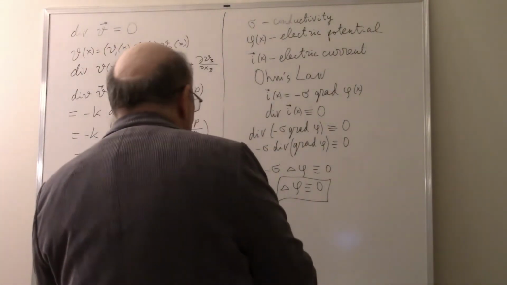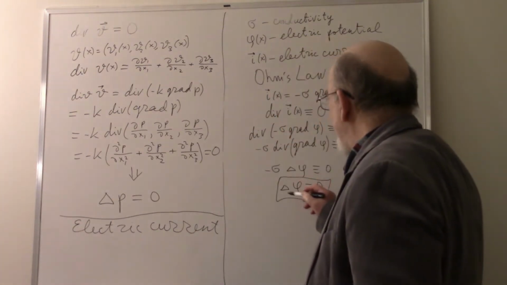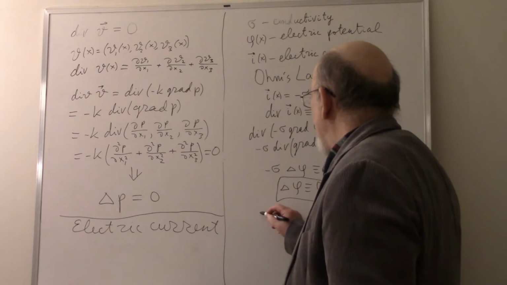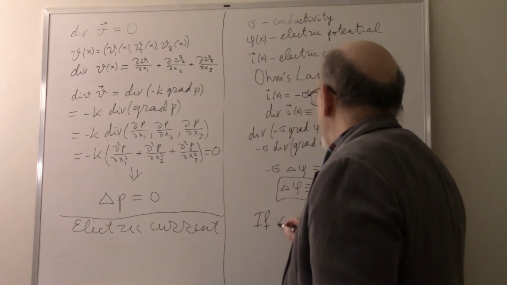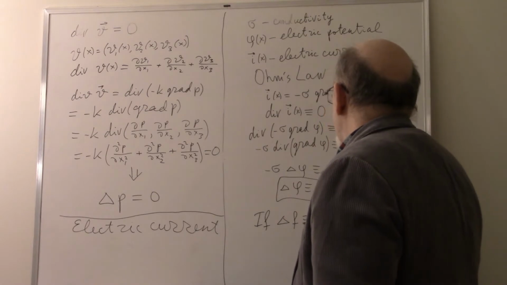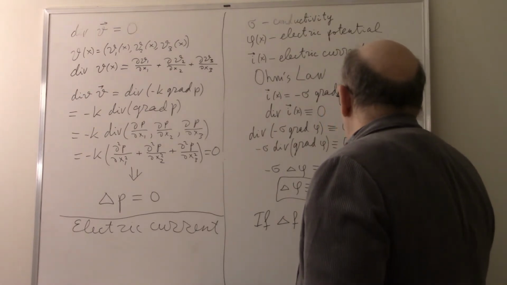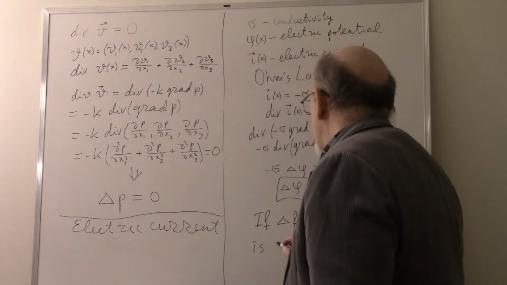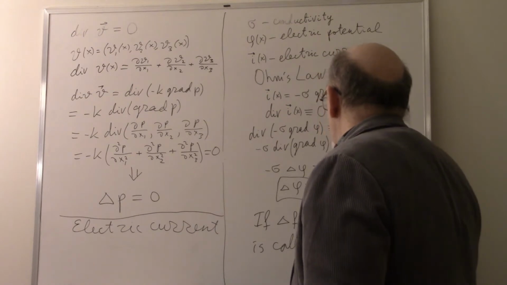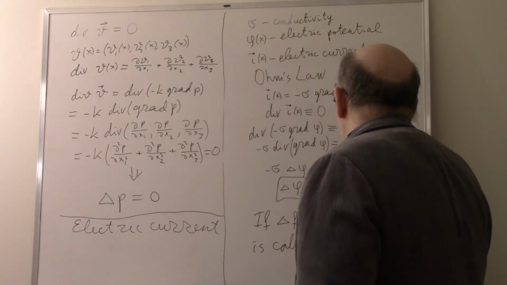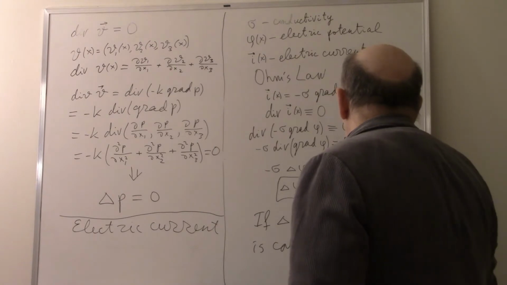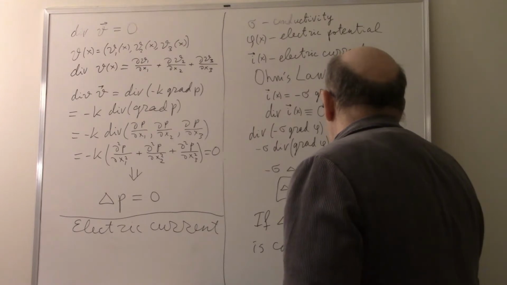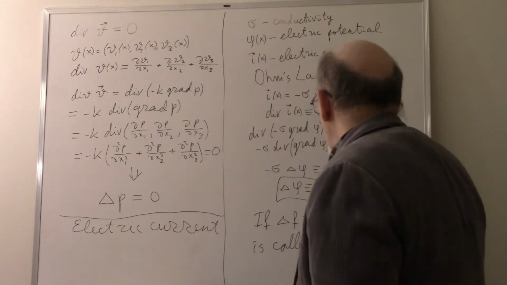First of all, if the function, say phi or p or any other, satisfies this equation, if Laplacian f is 0, then f of x is called a harmonic function.